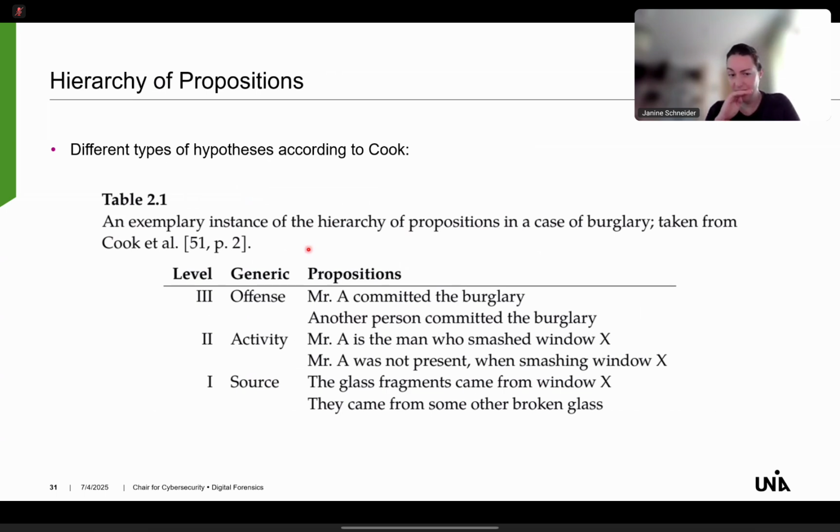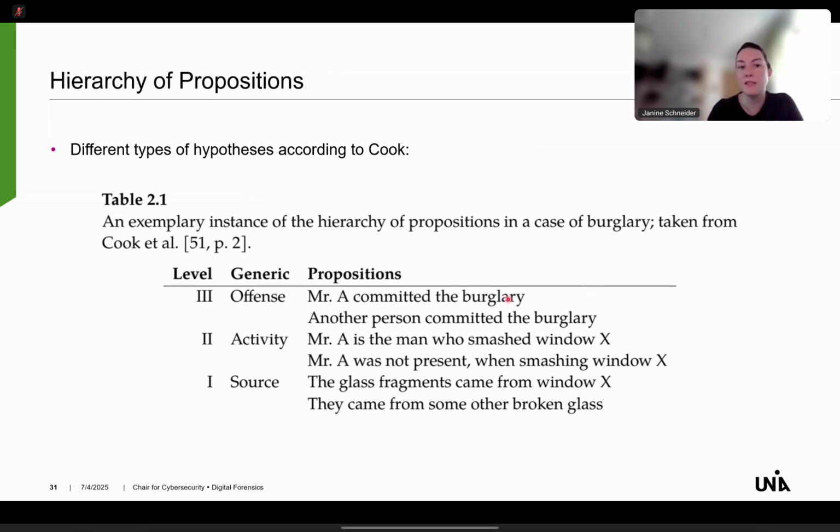It tells us that we have certain levels of importance for hypotheses. In this case, the highest level is the offense category, and the hypothesis according to the offense category. In this example, that would be Mr. A committed a burglary, or another person committed a burglary. So these are two hypotheses.